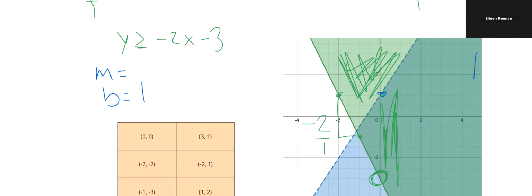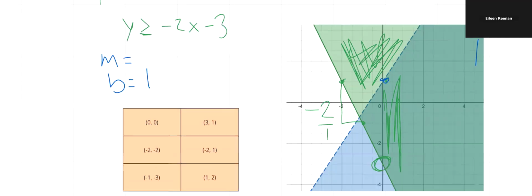I have one there at (0, 1), and I have another one here at (-2, -2). To get from (-2, -2) to (0, 1), I go up 3 over 2. So my slope is going to be up 3 over 2, or 3 over 2. Now I'm ready to put this into my form, y equals mx plus b.